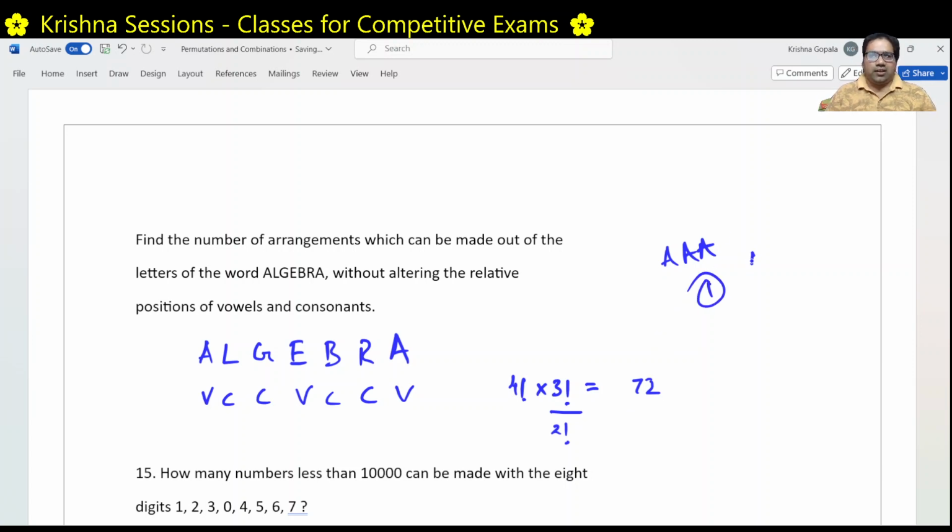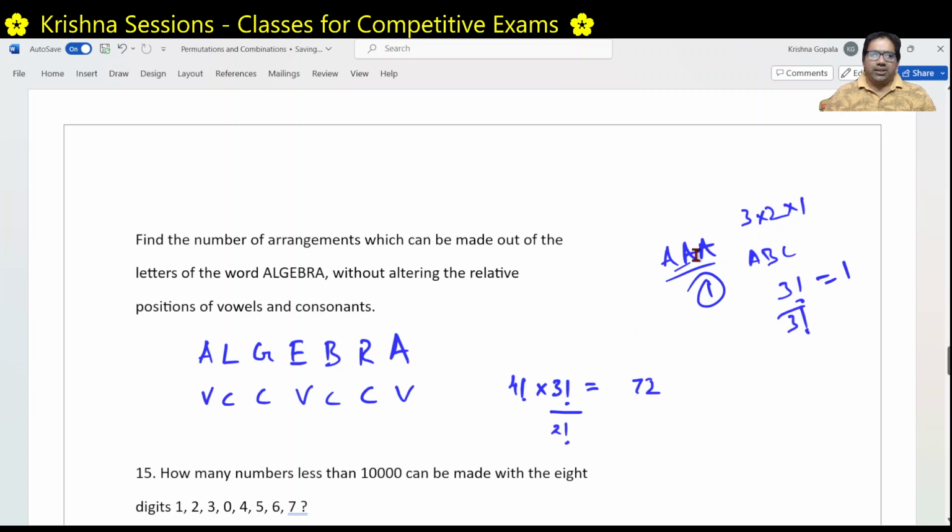If A, B, C are there, then we can do it in three factorial ways, because first slot we can fill with 3, second slot with 2, third slot with 1. But if all three are same, there is no way, right? So 3 factorial by 3 factorial will become 1.